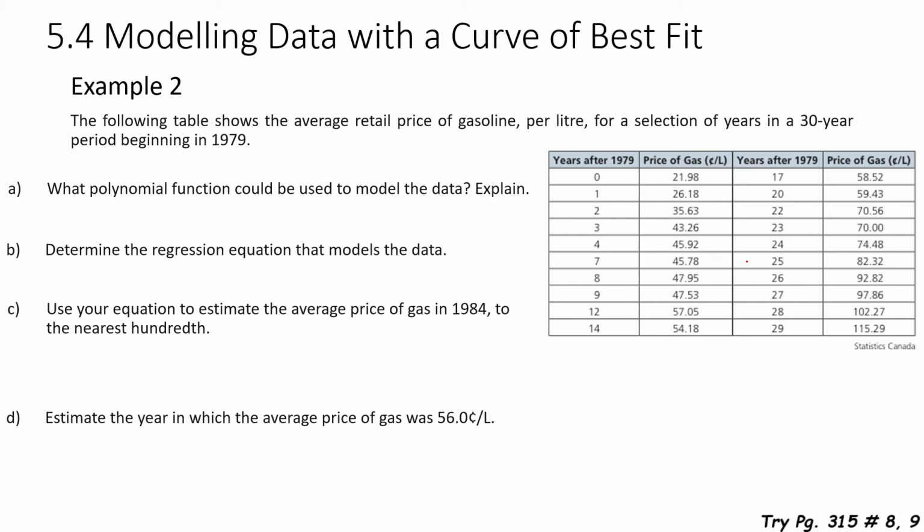So to get the cell to clear out, you just highlight it and then press delete. So those extra cells. So we're not going to have 29 data points. We're going to have a few fewer than that.